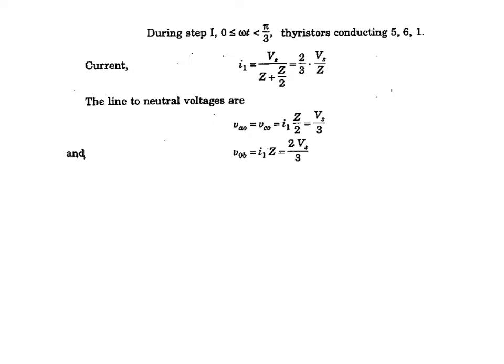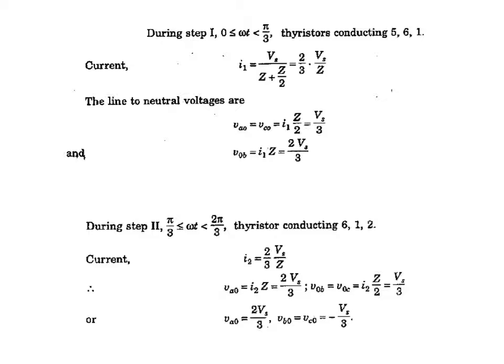Similarly, for step 2, that is when omega t is greater than or equal to pi by 3 and less than 2 pi by 3, thyristors 6, 1 and 2 are conducting.